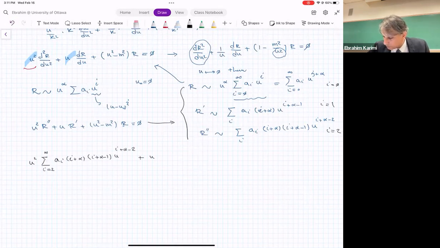The second term will be u summation of i from 1 to infinity, ai, i plus alpha, u power of i plus alpha minus 1, plus u squared minus m squared summation of i from 0 to infinity of ai u power of i plus alpha equal to 0.